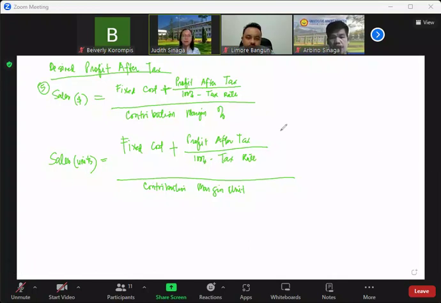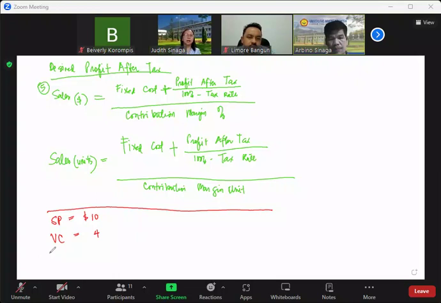Oke, alright. Nah, misalnya tadi givennya apa tadi givennya? Kita lihat ya, givennya tadi. Yang pertama tadi ada berapa? Selling price-nya 10. Ada variable cost-nya per unit 4. Ada fixed cost-nya 12 tadi kan?